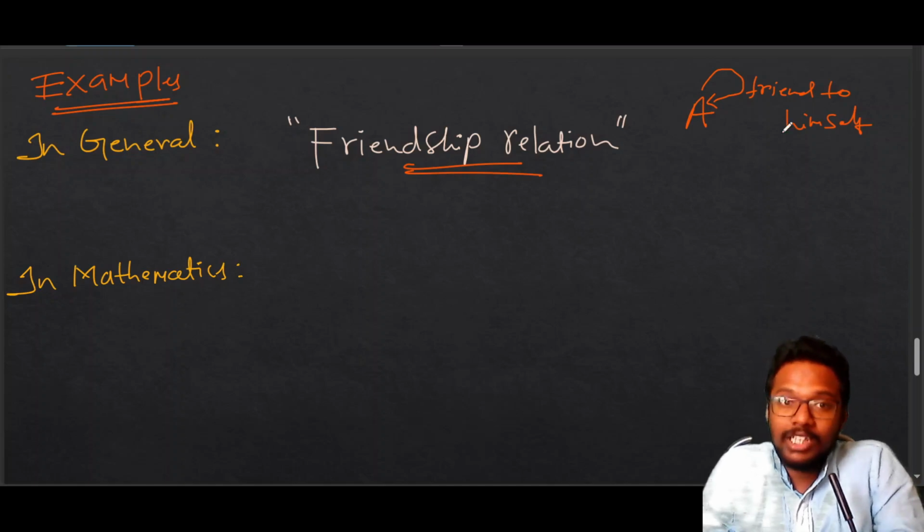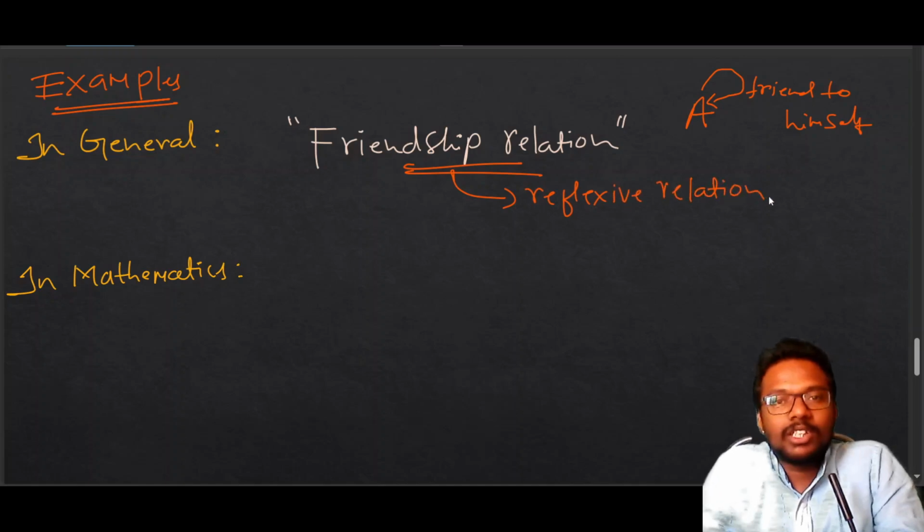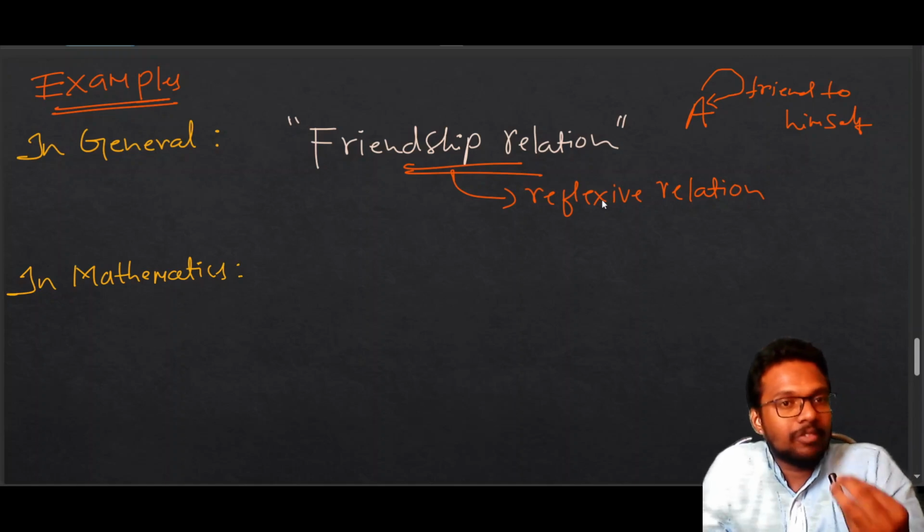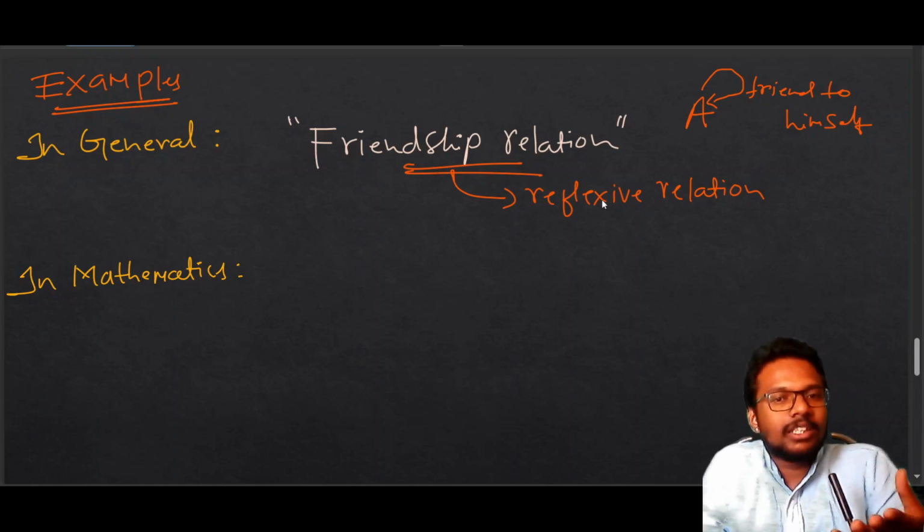This friendship relation is nothing but a reflexive relation. To become a friend, there is no need for another person. You can be a friend to yourself. Then that friendship relation is defined for yourself, so it is a reflexive relation.